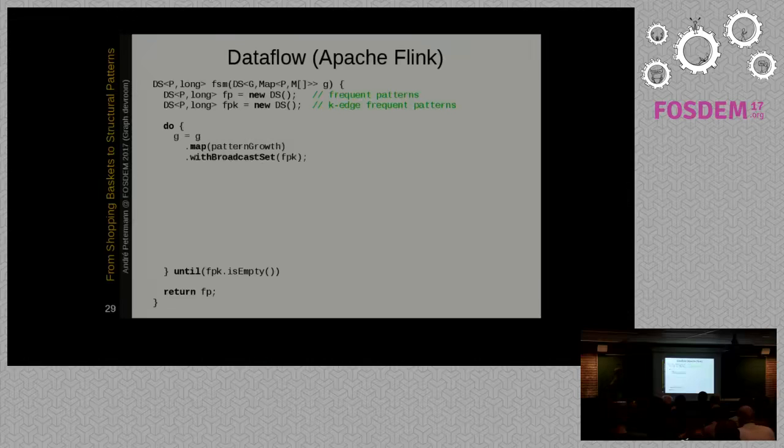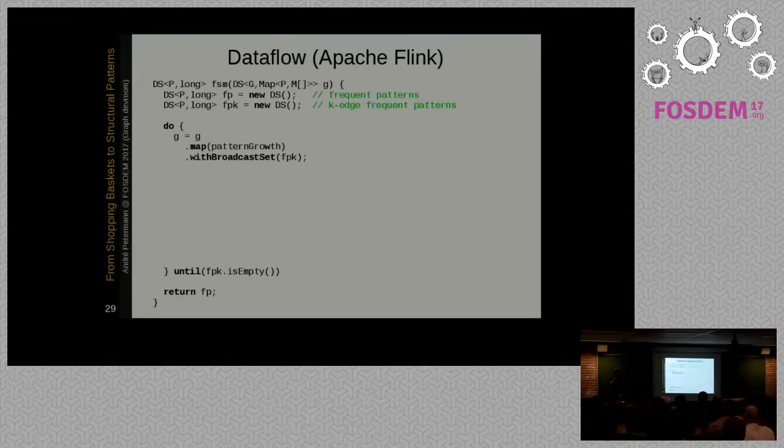What can we do? For example, we do a pattern growth in the beginning, in which we use something called broadcasting in Flink. It's like a very efficient cross product in a distributed data flow. We just send all last iteration's frequent patterns to all machines, and then we can access them in the pattern growth step. Initially it's empty, so this is the dummy root in the lattice.